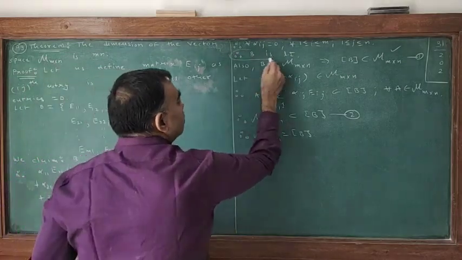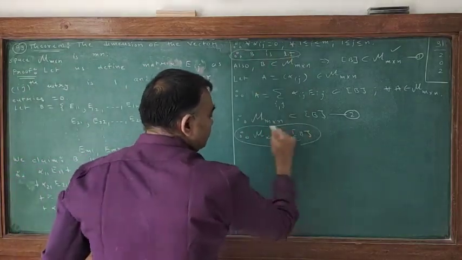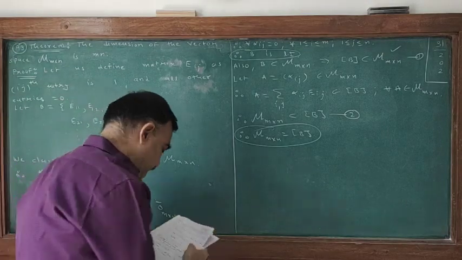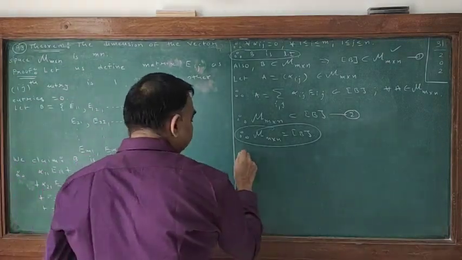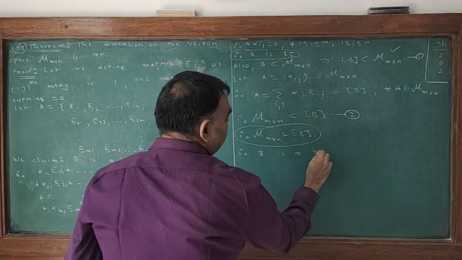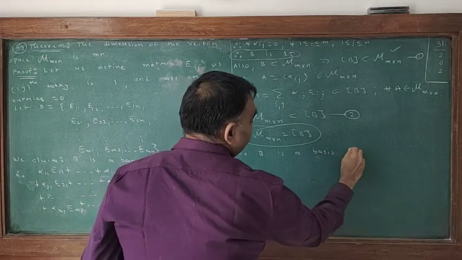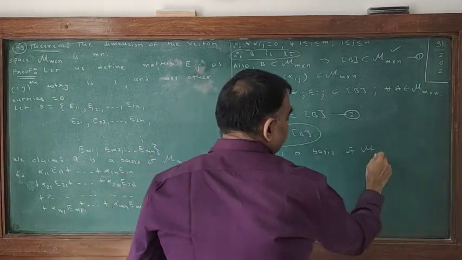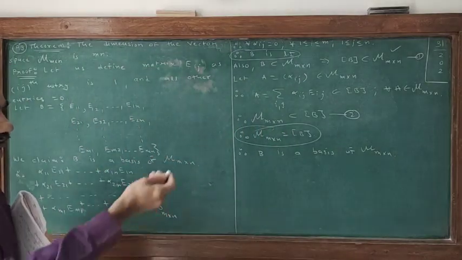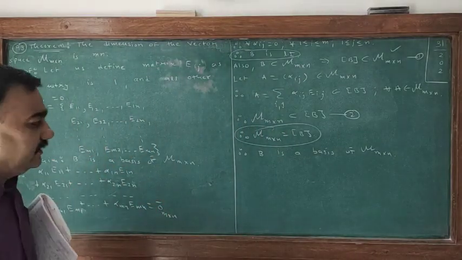We have B is linearly independent and span of B is equal to this, and therefore B is a basis of script m cross n. And so obviously, what is the dimension?